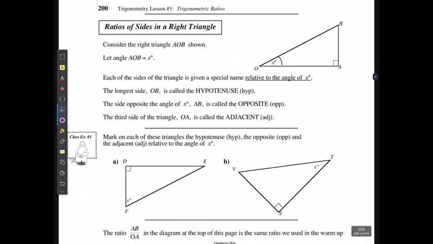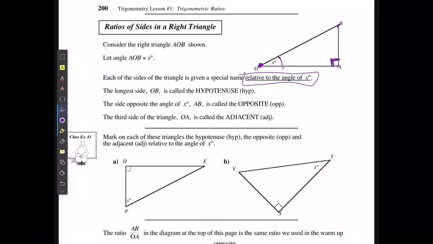So when we're talking about the ratios of the sides of a right triangle, we have this generic triangle where we have the origin here, points A and points B, and we know that it is a right angle triangle. If I'm looking at angle X, then each of the sides of the triangle is given a special name relative to the acute angle that I'm looking at.